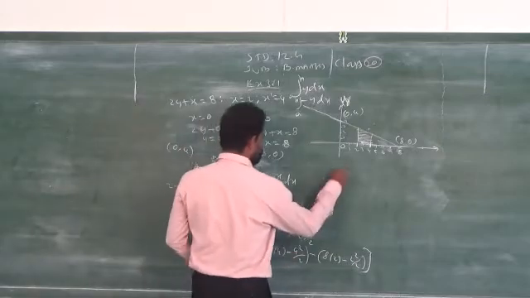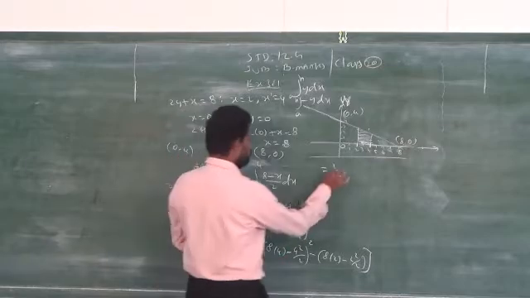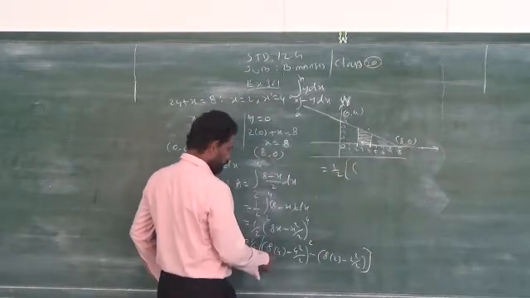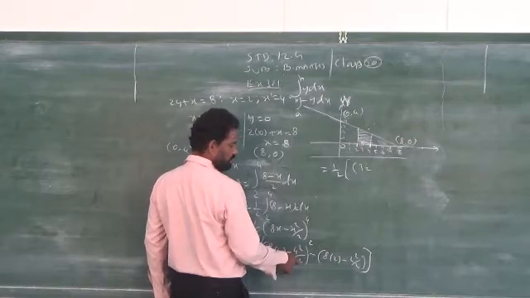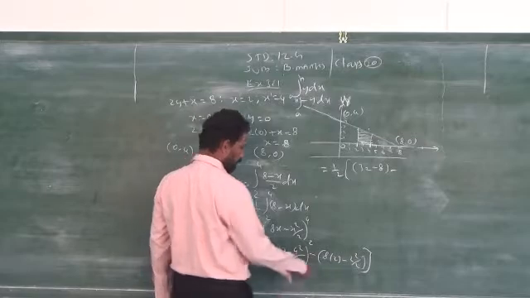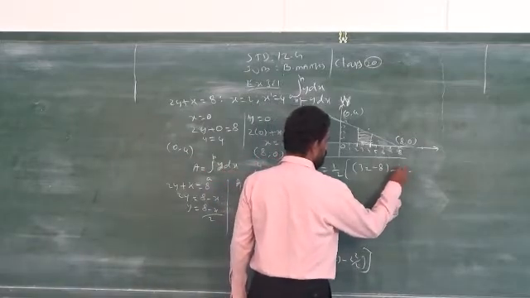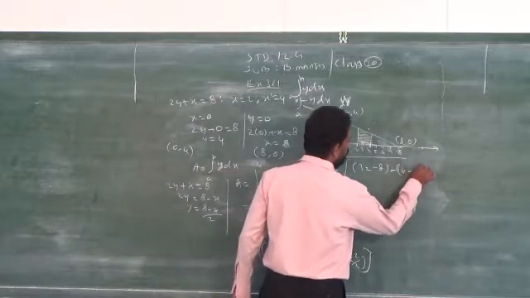While you are doing this calculation, what will come? 1 by 2, 8 fours are 32. 4 square is 16, 16 by 2 is 8, minus 8 twos are 16, 2 square is 4, 4 by 2 is 2.